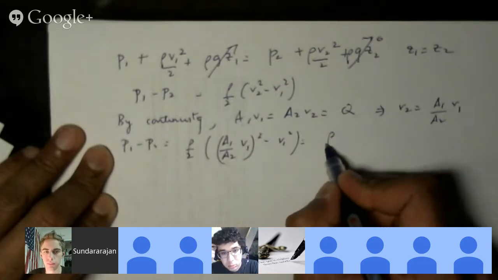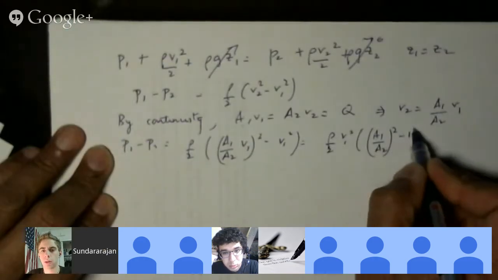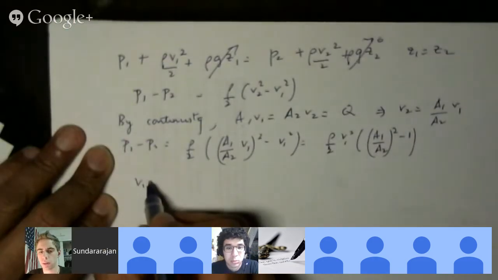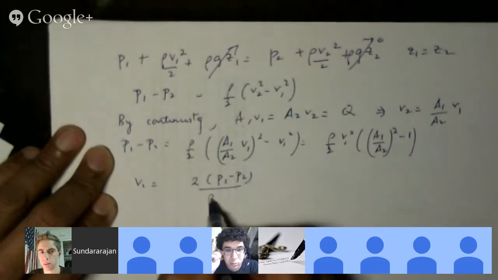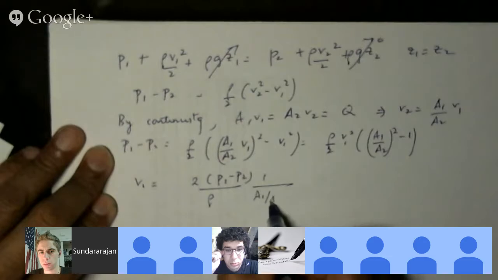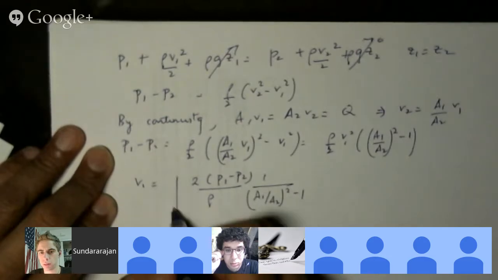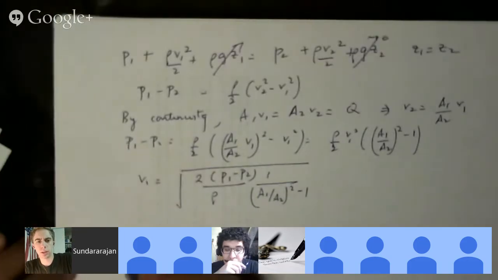So this gives me rho over 2 V1 squared times A1 over A2 squared minus 1. So V1 equals the square root of 2 times P1 minus P2 over rho, times 1 over A1 over A2 squared minus 1. Now we need P1 minus P2.